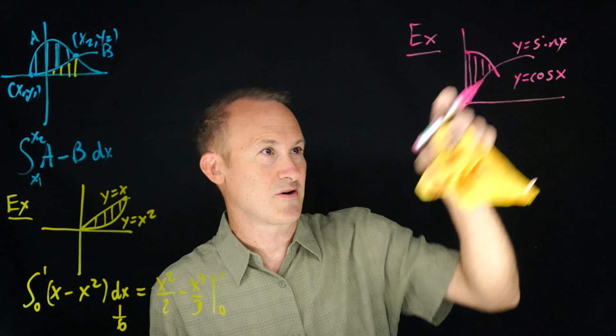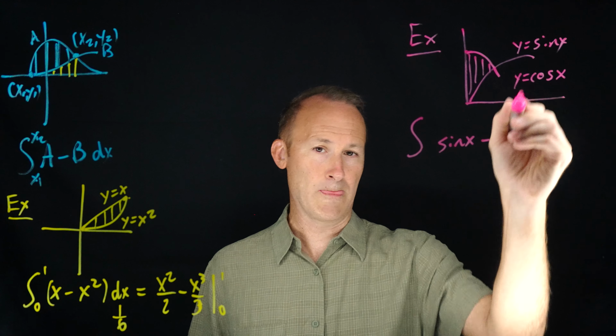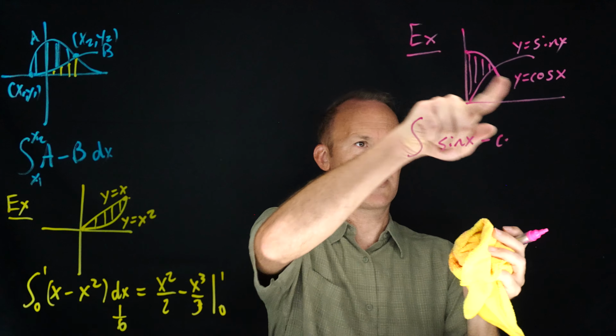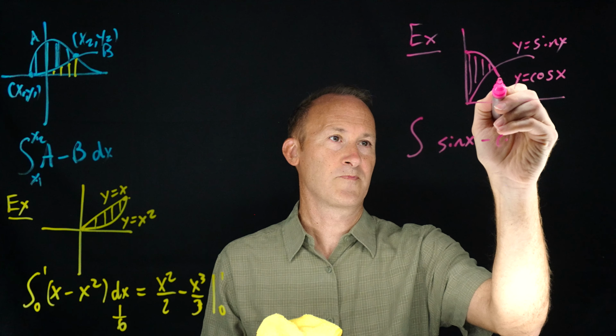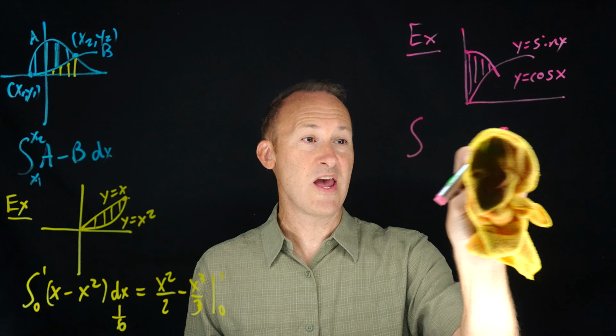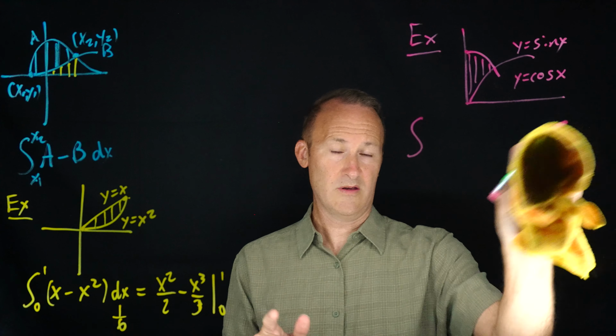Okay, so to get the area, once again, we've got vertical rectangles, and we're going to take the top one, the sine of x, minus the bottom curve, cosine of, oh, sorry, the top curve is clearly cosine of x, right? And this actually brings up a very interesting point.